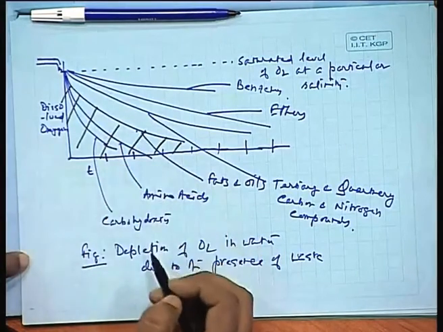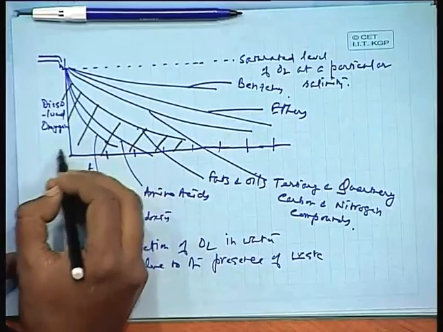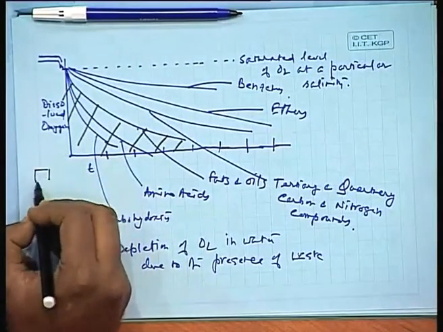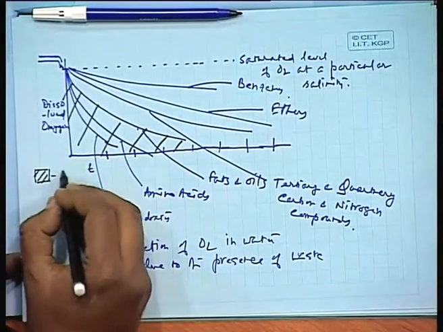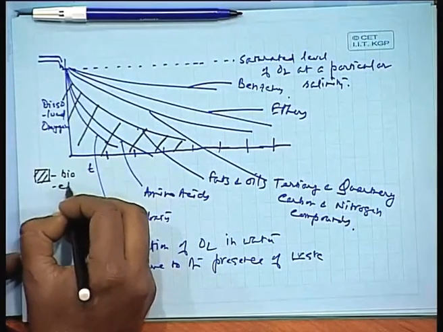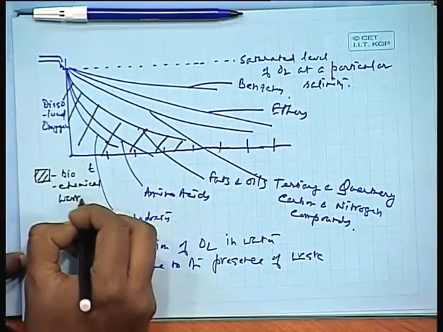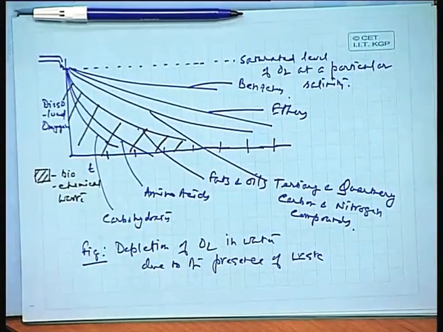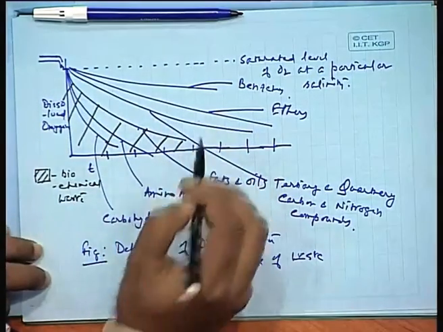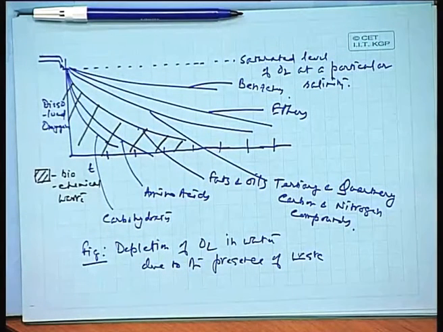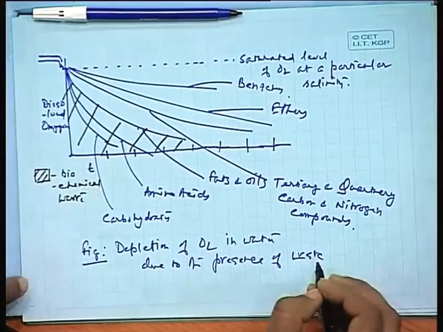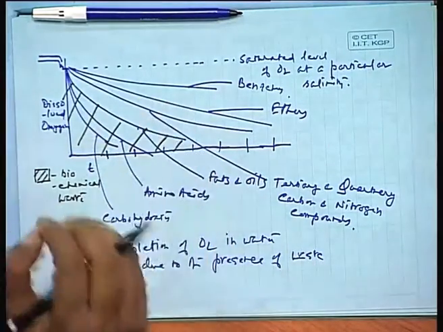So this is about the biochemical waste, and this is about the biological wastes. Biological and biochemical waste, you can see the relationship.